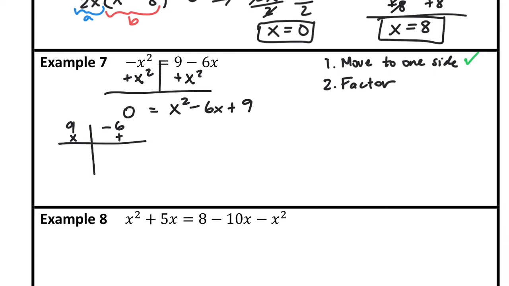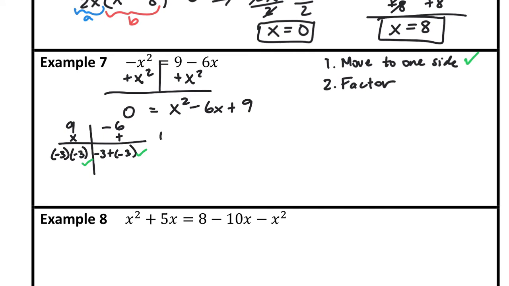So that would be negative 3 and negative 3, because negative 3 times negative 3 gives me 9, and negative 3 plus negative 3 gives me negative 6. So those are my factors.